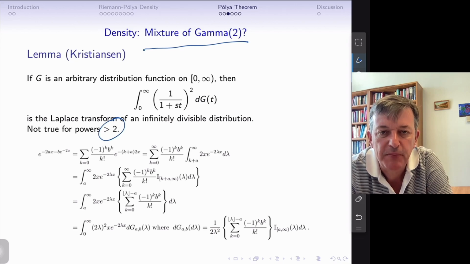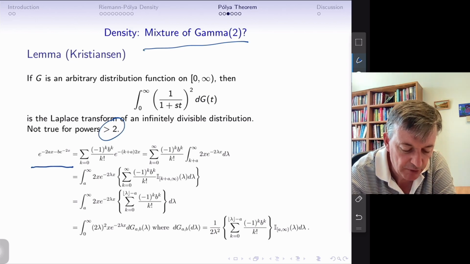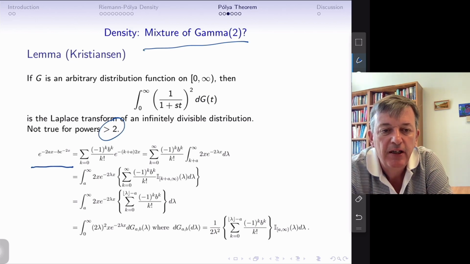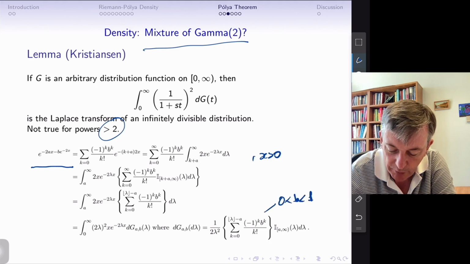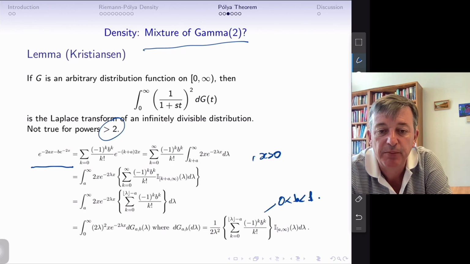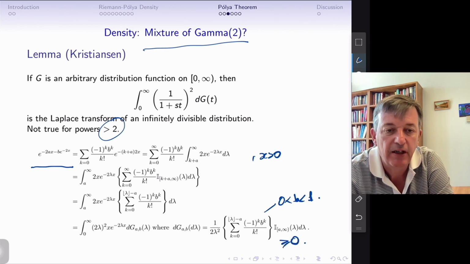Now, how do we use mixtures of gamma 2s? Well, again, if we look at that Riemann Polya density, it essentially has half Gumbel terms in it. So here I'm looking at x bigger than 0. Again, I have to be a little bit careful with conditions on some of these coefficients to make sure that I still have densities. Remember, I want G to be a density.